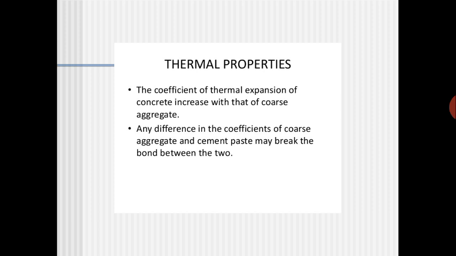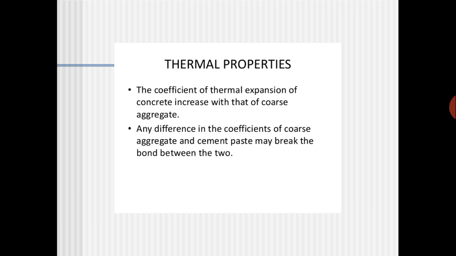For example, you take cement or sand, go on heating the cement or the sand, and check how the change in volume or the expansion is going to happen with a unit increase in the temperature.